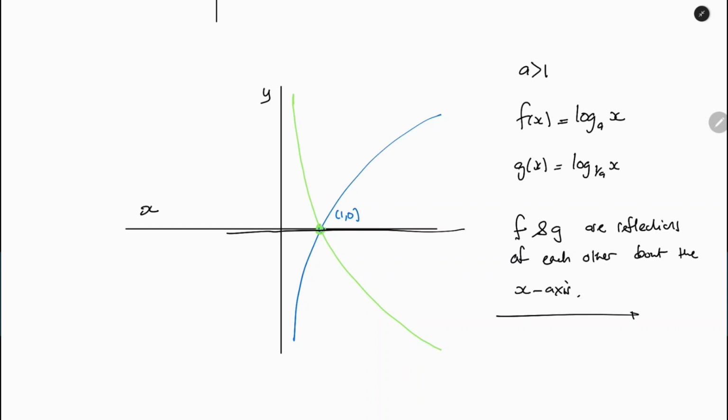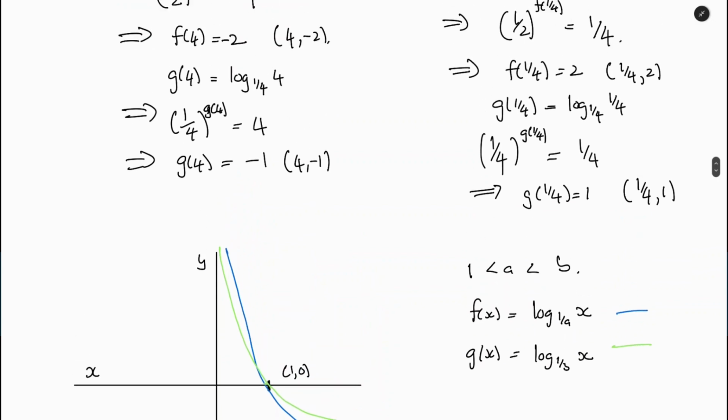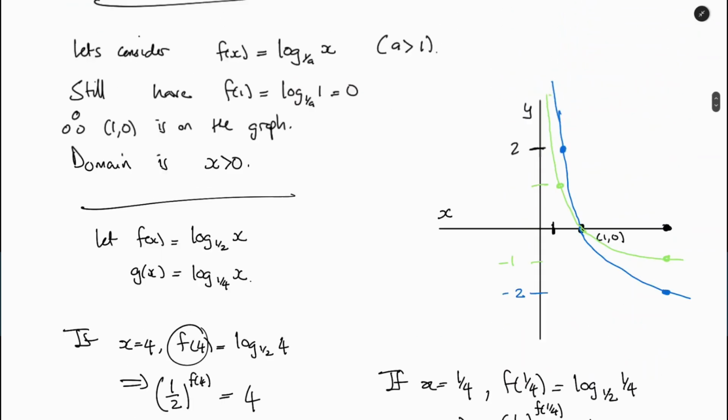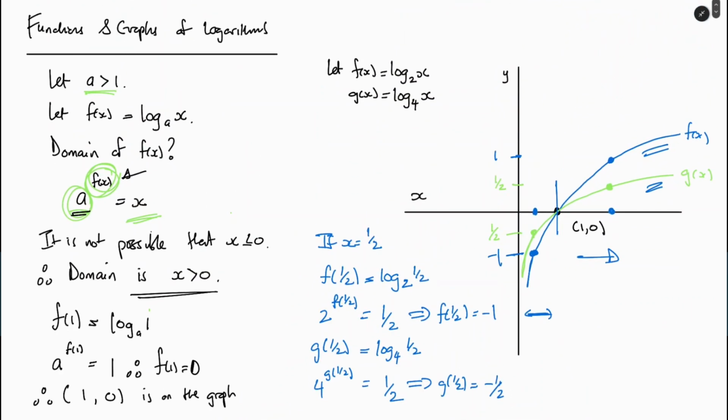Okay, and with that, that's the last thing you need to know about logarithm graphs, about log functions and their graphs. I hope you've absorbed this video. If not, watch it again. I'm sure if you ponder over it, it'll all make sense. But that's it. That's all there is to know about log graphs. That's the general shape. And that does bring me to the end of this video.